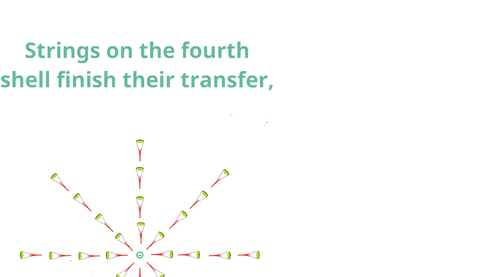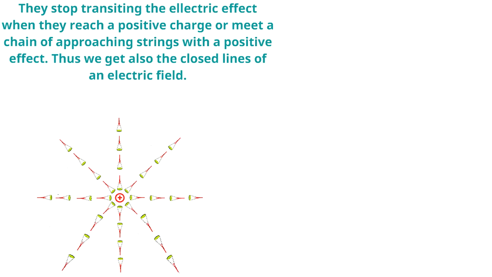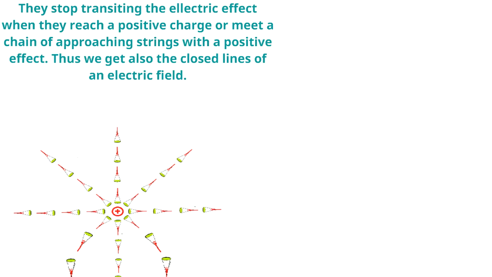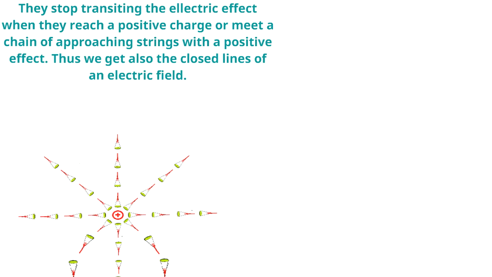Strings on the fourth shell finish their transfer, and so influence nearby strings to change their shapes and thus their electric influence in the region of the charge, and so on. They stop transiting the electric effect when they reach a positive charge or meet a chain of approaching strings with a positive effect. Thus, we get the closed lines of an electrical field.